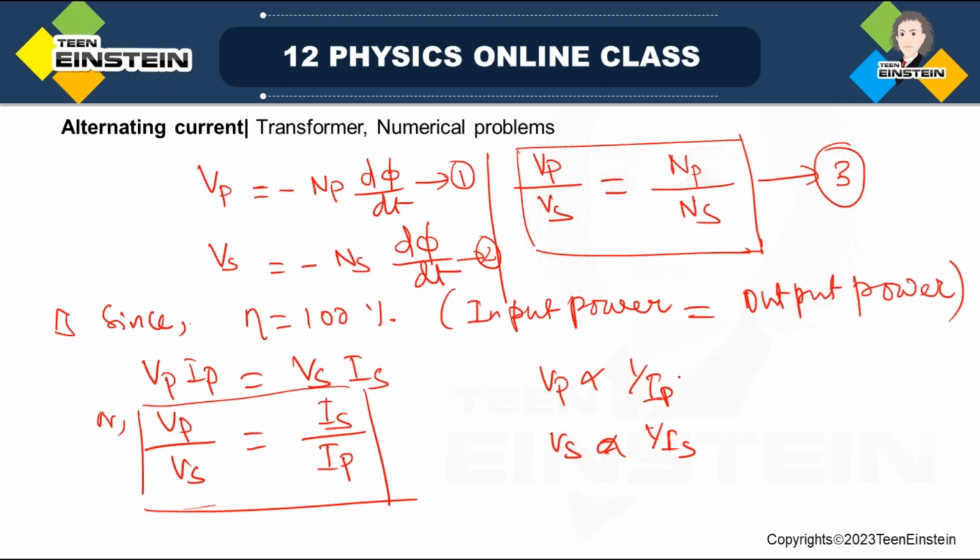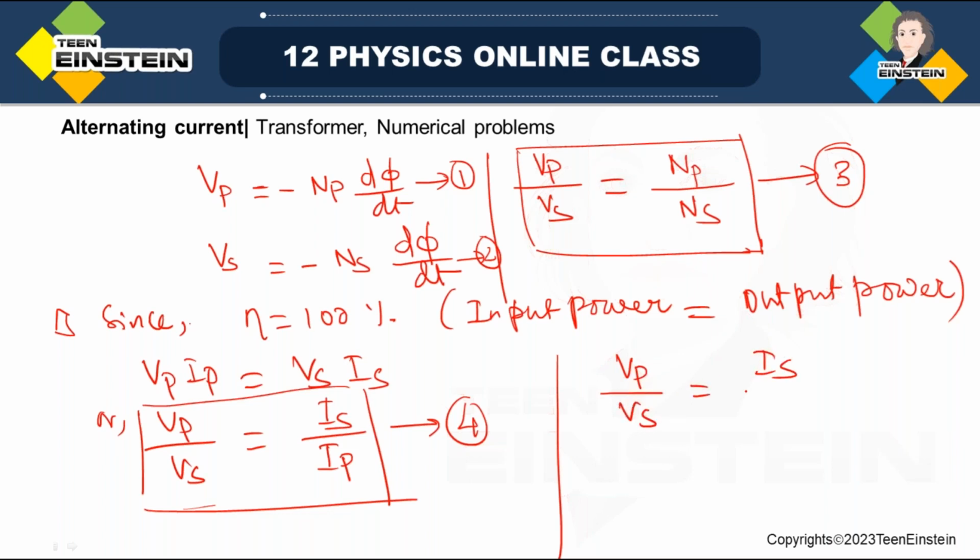If we combine this equation, suppose this is equation number 4, now let us combine 3 and 4. What we get is Vp by Vs is equal to Is by Ip, and that is equal to Np by Ns.